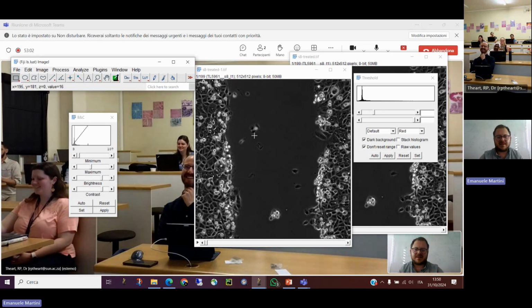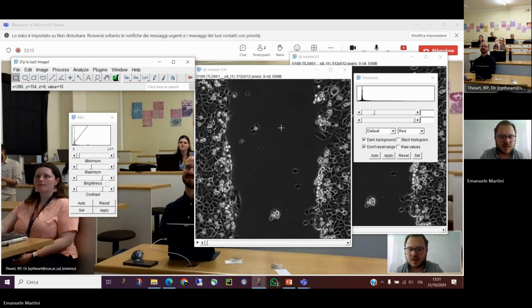So the real difference that you can see, maximum is close to a good answer, but the real difference is that here there is more homogeneity. Instead, here there is more variation of the intensity of the pixels.